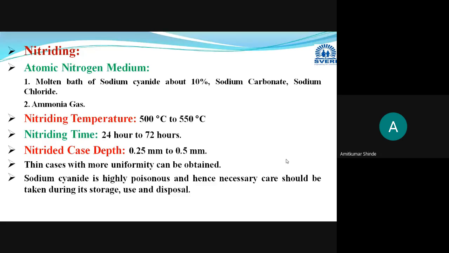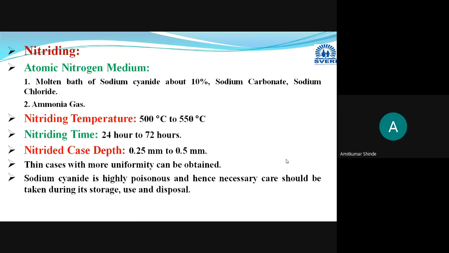Then we started the surface heat treatment processes, and completed the first type, the carburizing heat treatment process. Now in today's lecture, we are going to discuss the nitriding heat treatment process, nitriding and carbonitriding.